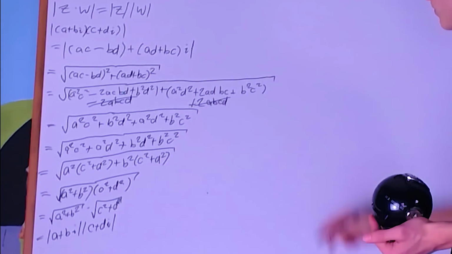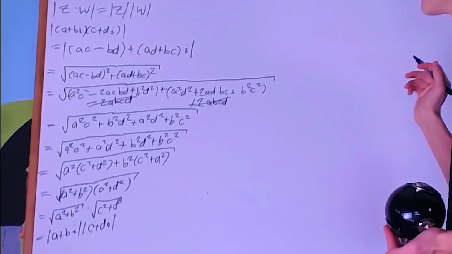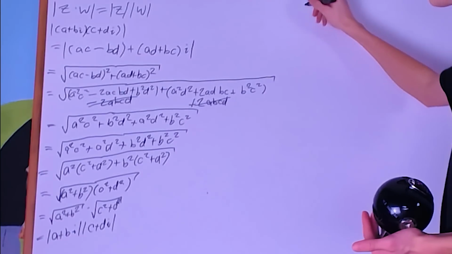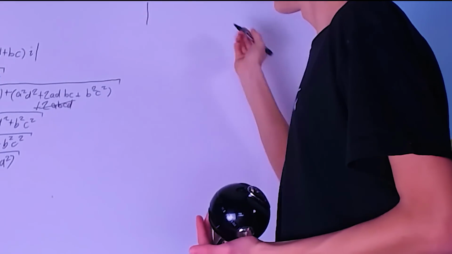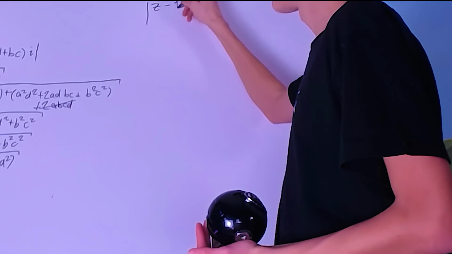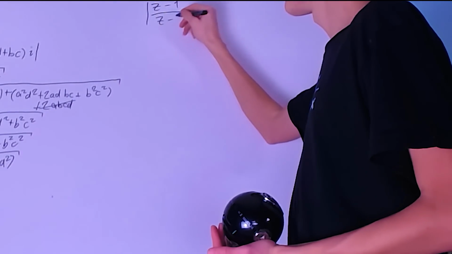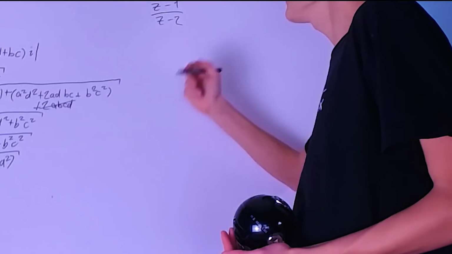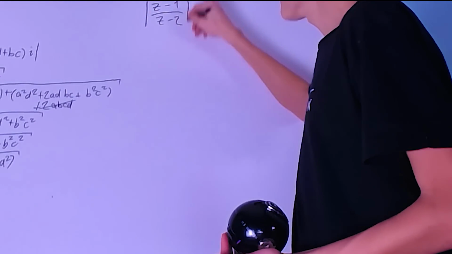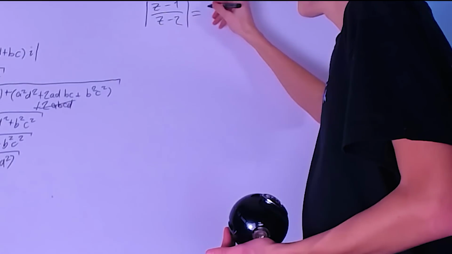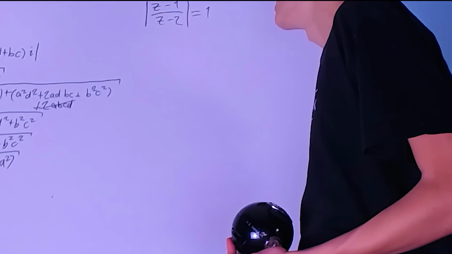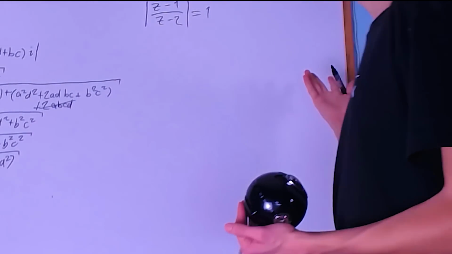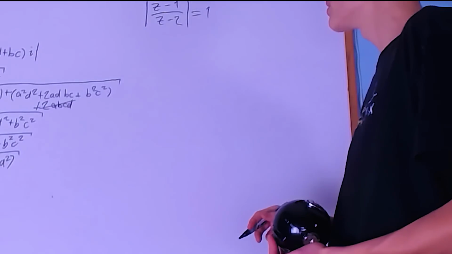Anyway, now let's talk about some more advanced examples of loci. So let's say we have z minus 1 divided by z minus 2. We take the magnitude of it, and we set it equal to 1. Now, how on earth am I supposed to figure out what this looks like?